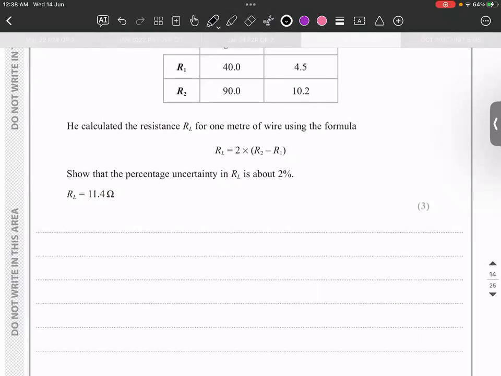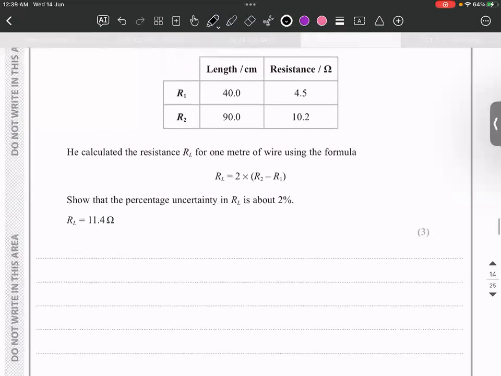The value of RL is 11.4. So how will you do this question? If you want to find the uncertainty, the equation for RL is 2 times R2 minus R1.